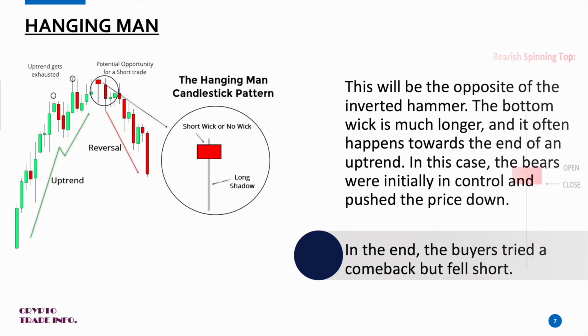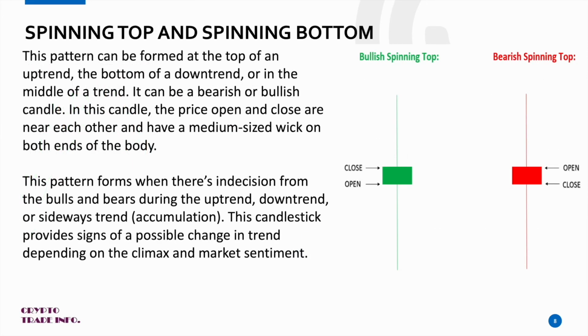So now moving further, there's a candlestick here, spinning top and spinning bottom. A spinning candle, when it's bearish, is called a spinning top. When it's bullish, it's called a spinning bottom. Look at it: it has a short or small body with long wicks.